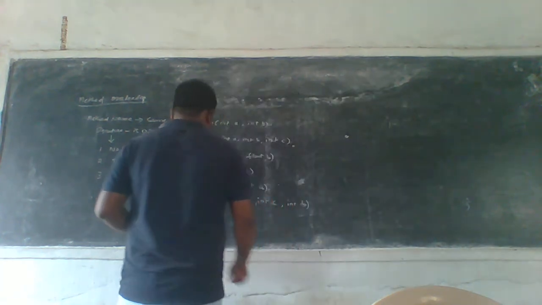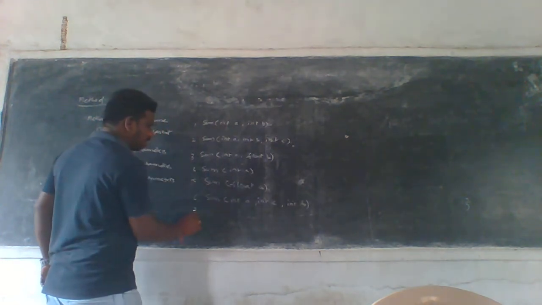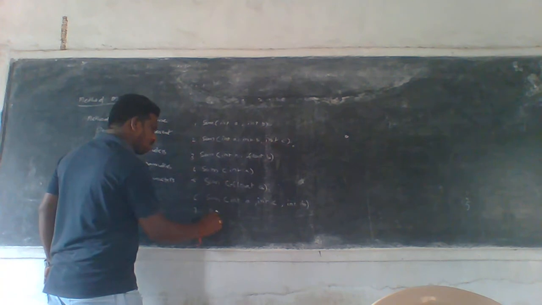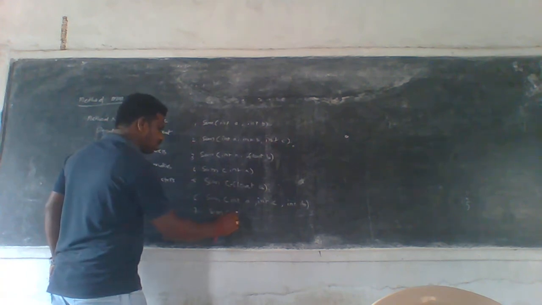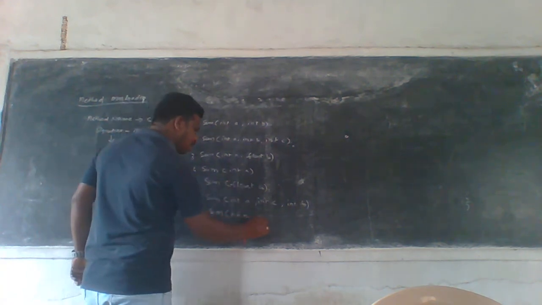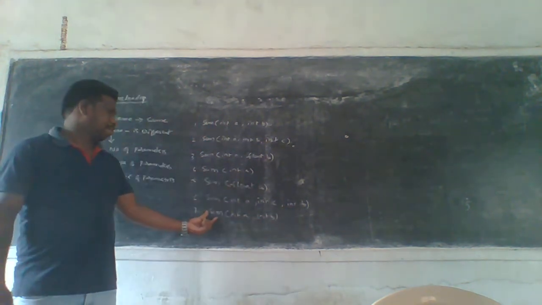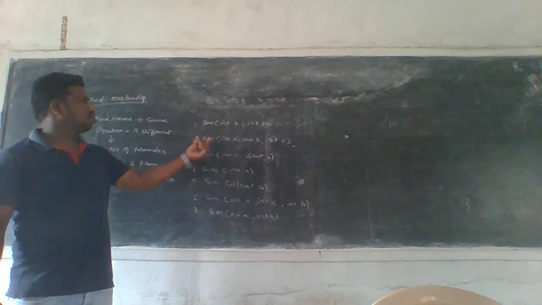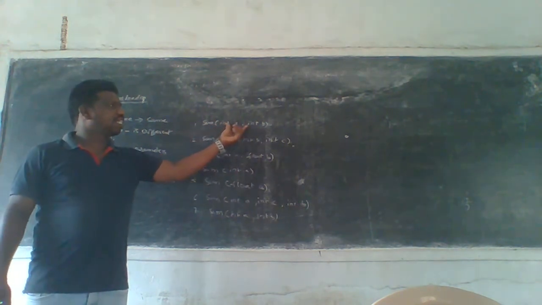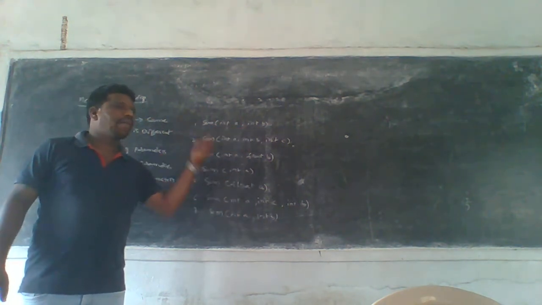For example, I am taking another one: sum(int a, int b). Here the method name is the same and the signature is also the same.